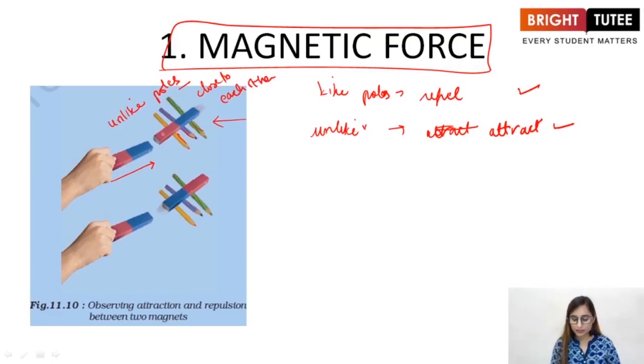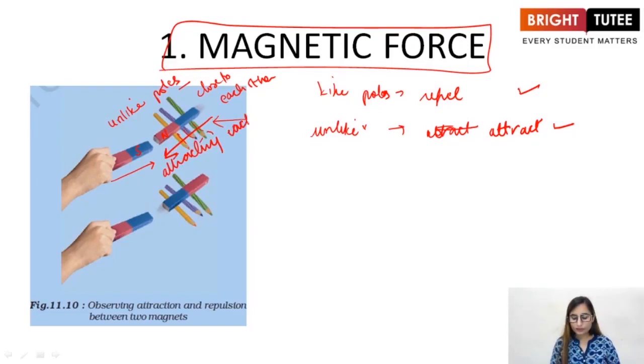As you can see, this is the north pole of this magnet and this is the south pole of this magnet, and you have brought them closer. So what will happen? You will see that due to attraction, the magnet starts coming towards this magnet, because the unlike poles are closer to each other. They are attracting each other.